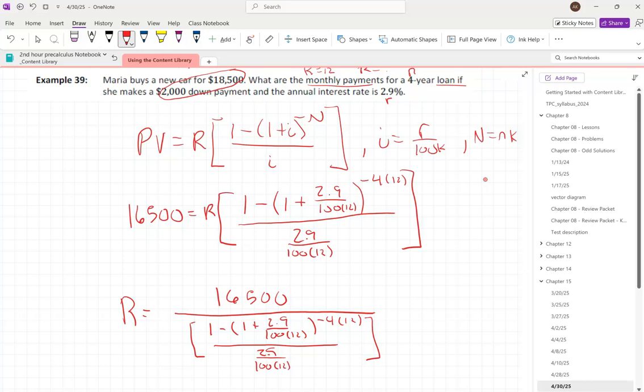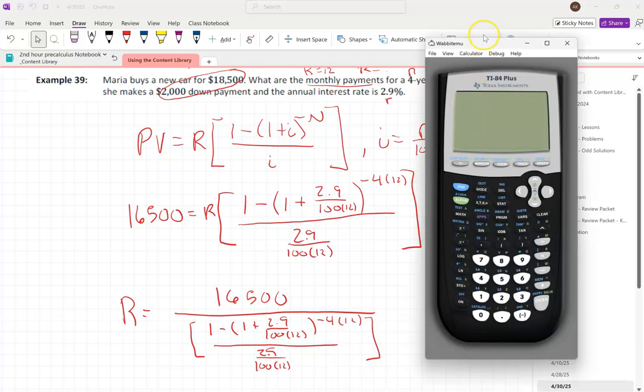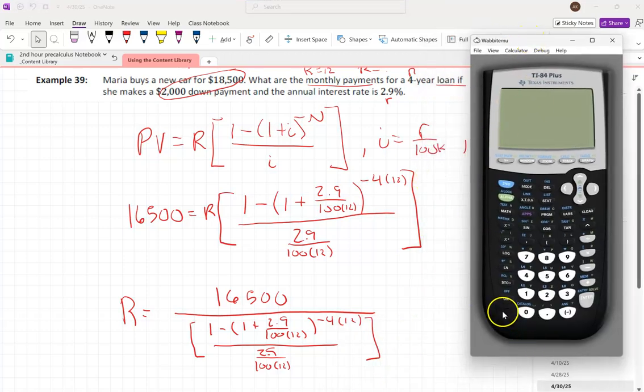Everybody's okay? Now it's just a matter of getting it into my calculator here. So I'm going to do this in kind of two phases. I'm going to start by doing that calculation for I, so I don't have to deal with fractions inside of fractions, just like we did before. So then I'm going to do this calculation here.